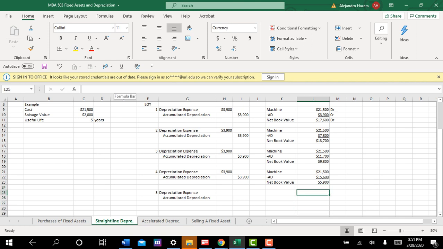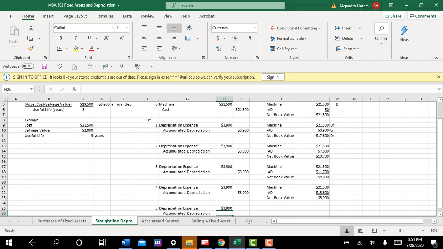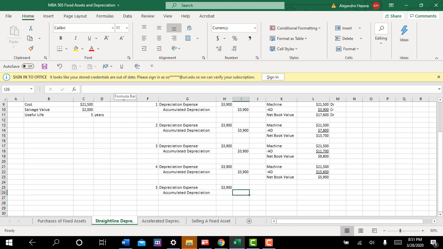Okay, then finally we'll do our last year's depreciation expense, and to be pure about it, I'll go back up to here. There's your depreciation expense. The accumulated depreciation is the same. Okay, so we are going to bring the balance sheet accounts down.